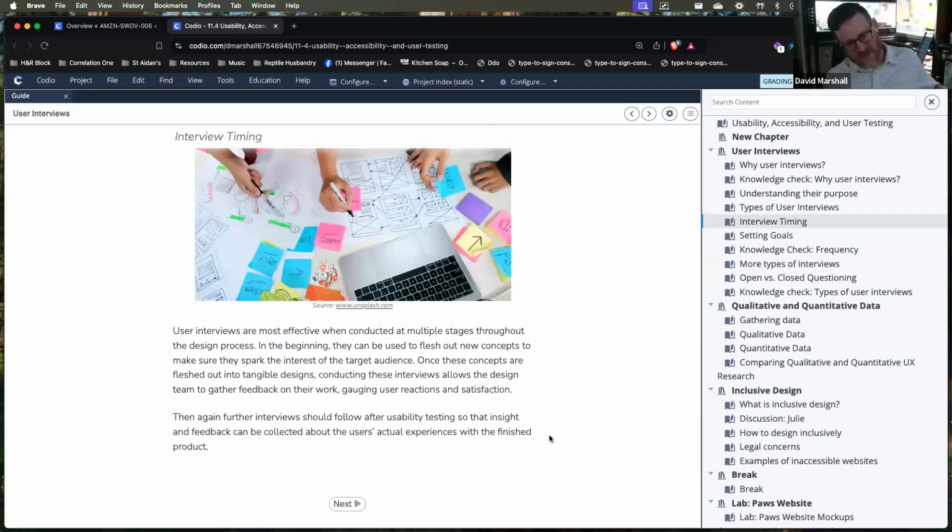So when it comes to timing, it's really important to understand the best time to do this, right? So you're not going to necessarily want to do everything at the beginning, but you don't want to necessarily wait till the end as well.